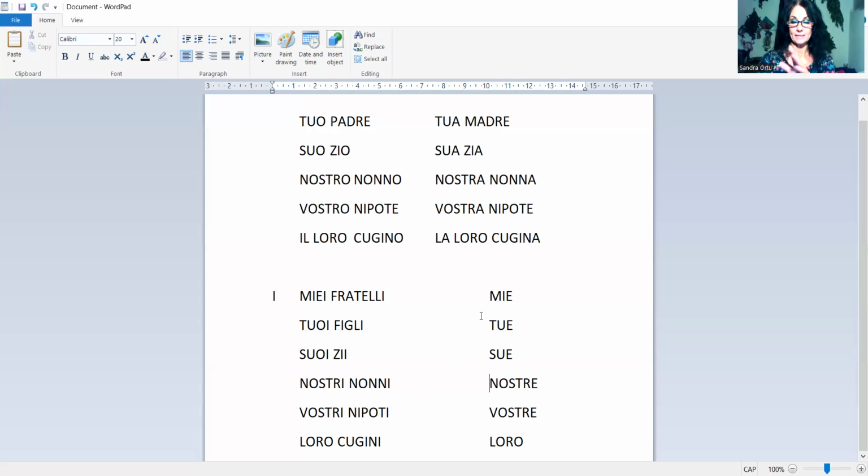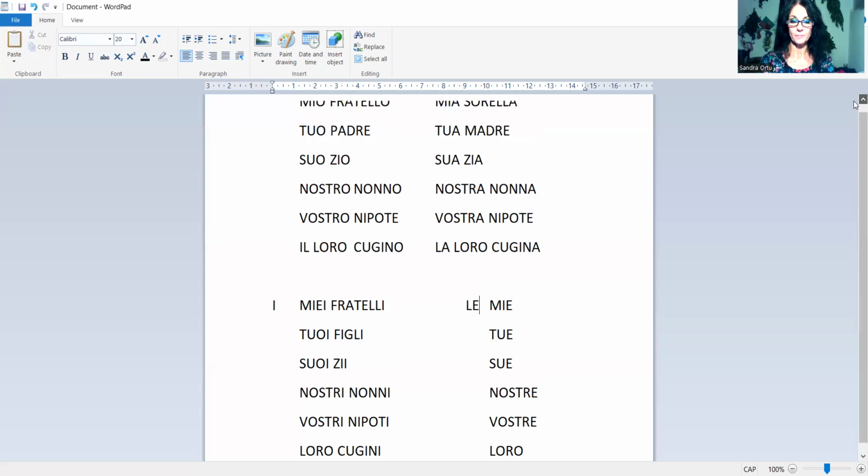So exactly, as I said, exactly the same thing with the feminine. In fact, we'll put the line here because, as I said, the plural possessives always have the article in front.